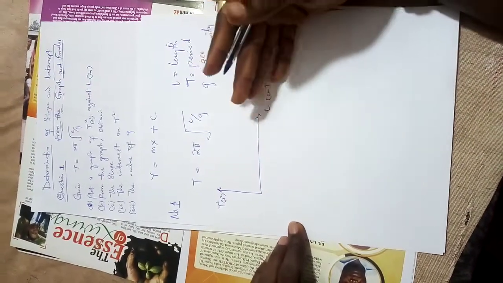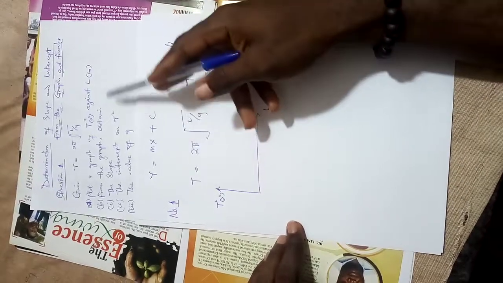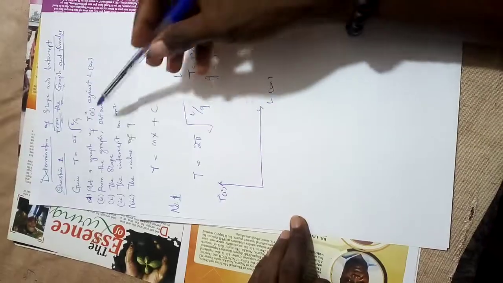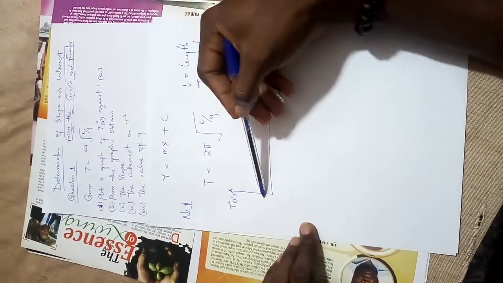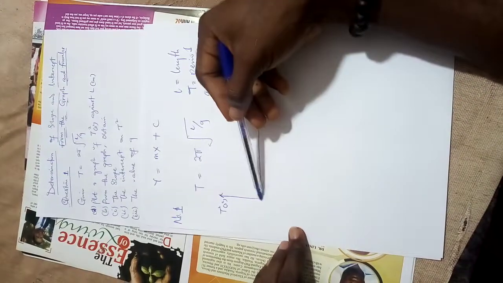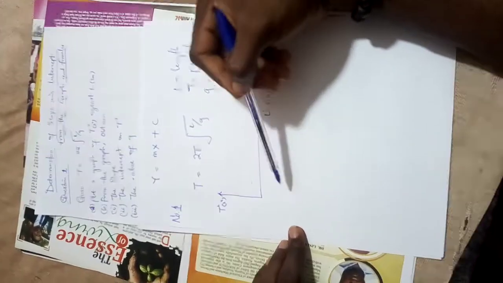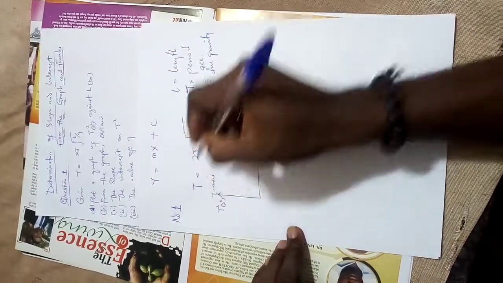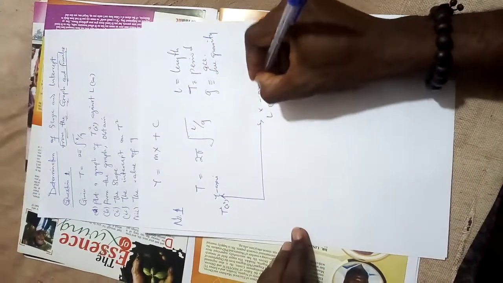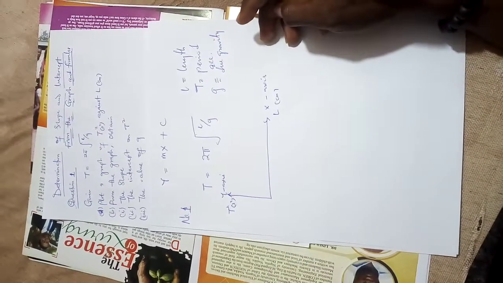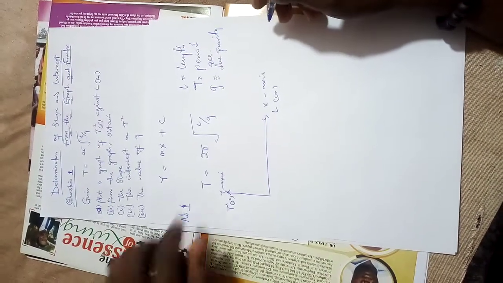Whenever you see plot a graph of T squared against L or any other variable, the one you see first, T squared, is on the vertical, and L, which comes after "against", will be on the horizontal. This is your y axis like we know, and this is your x axis like we know.